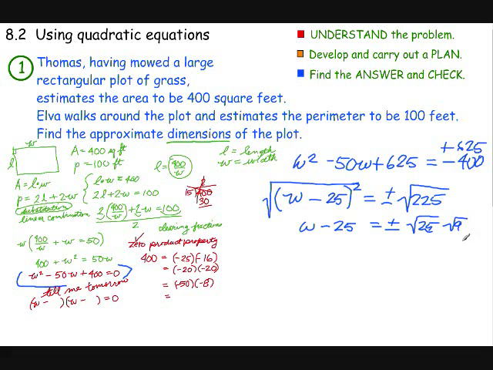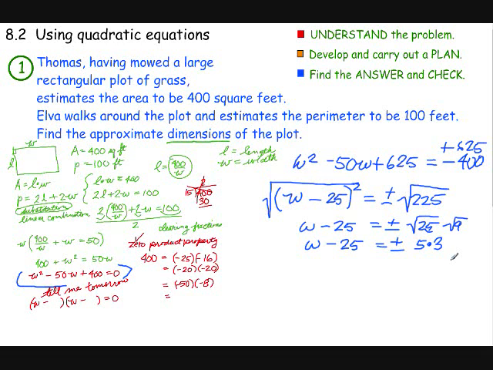Oh, this is so interesting. Okay, so I've got W minus 25 is equal to plus or minus 5 times 3.